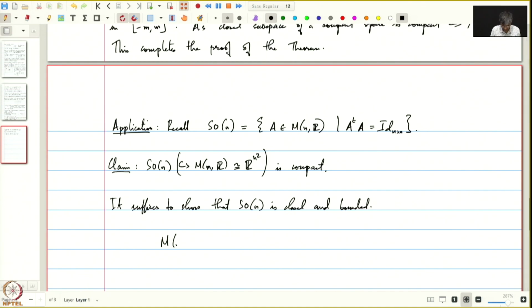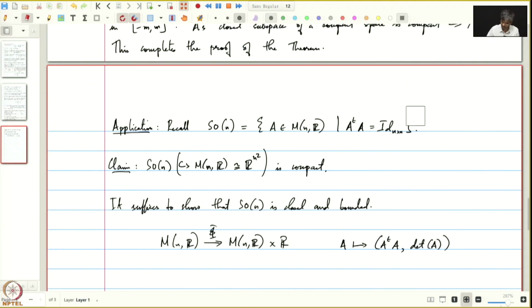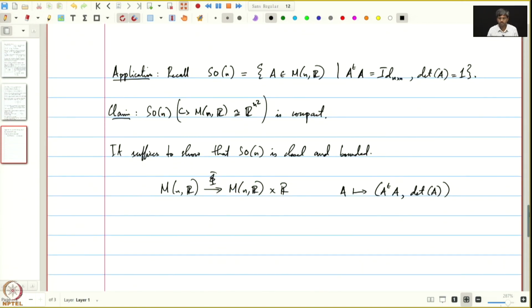So let us consider the map from M_n(R) to M_n(R) cross R. This map is given by A gets mapped to (A transpose A, determinant of A). Oh, sorry, I forgot to put the determinant condition. Okay, so we claim that this map is continuous.